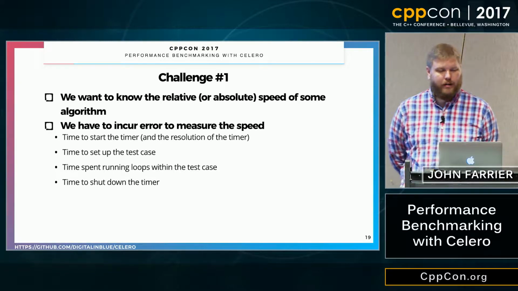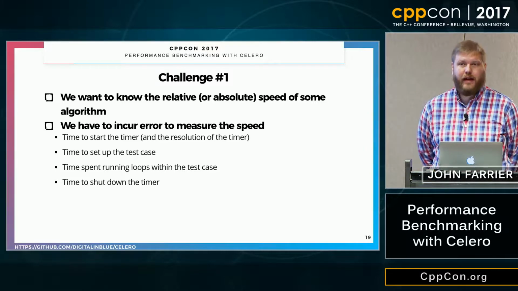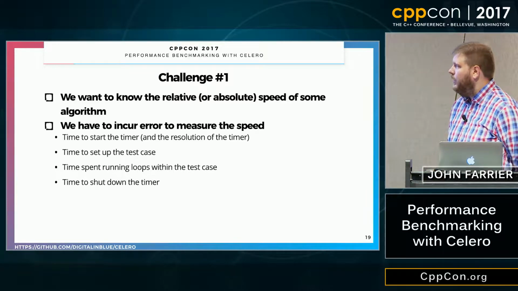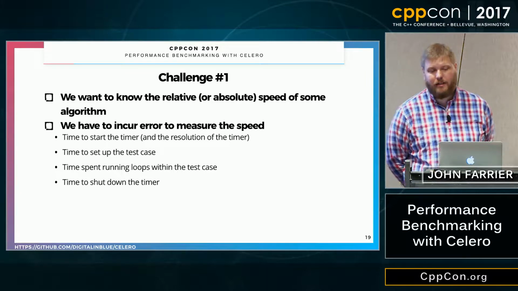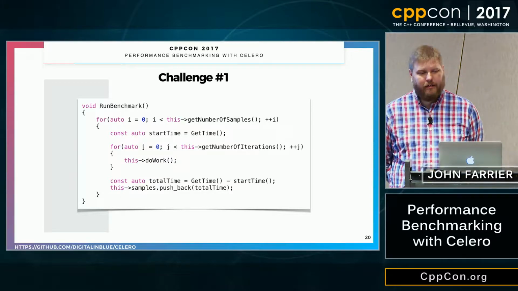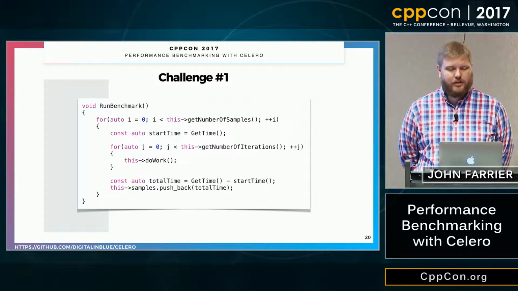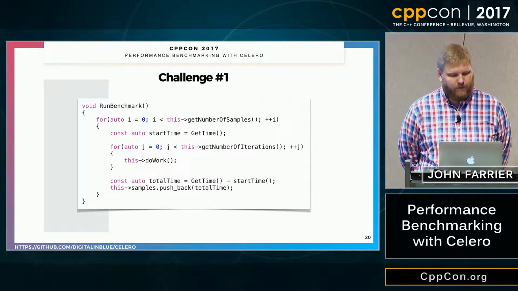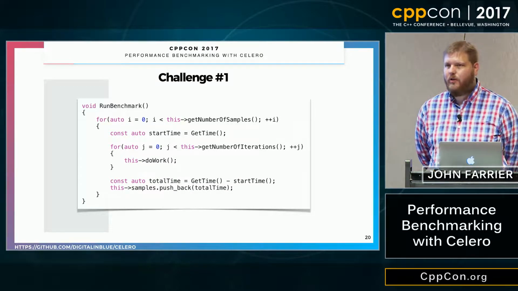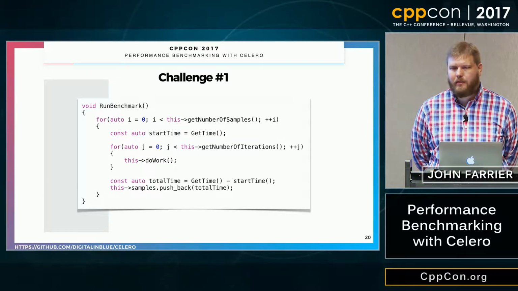If we want to know the relative or absolute speed of some algorithm, there's going to be error incurred to measure that just inherently. We're going to have some timer calls, we're going to have some loops, we're going to have to shut down the timer, and all that stuff starts to add up. If you just look at some pseudocode, if we were to run a benchmark, we're going to take a bunch of samples, we'll put that in a loop, and then for each of those samples, we'll start the timer. We'll run over our code a couple times, maybe so it's using up some more clock, and then we can measure that.